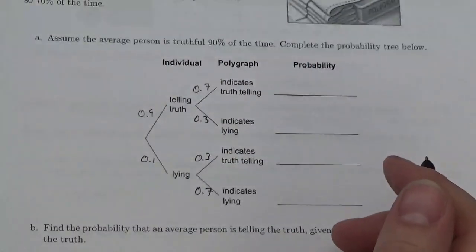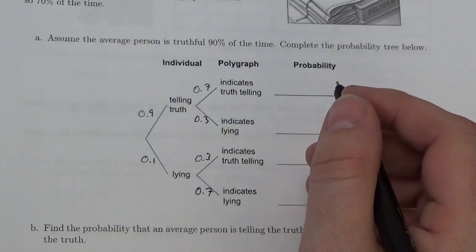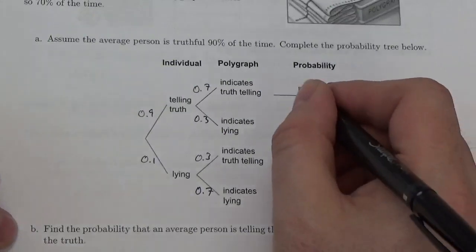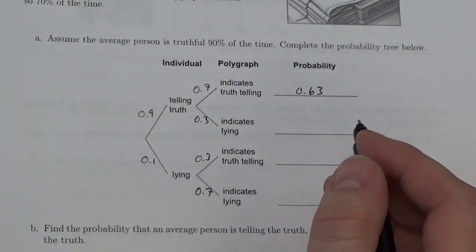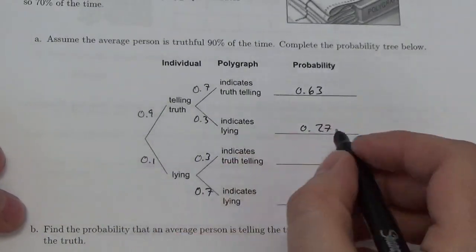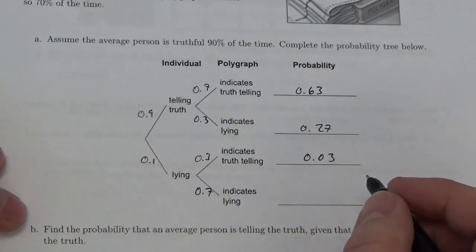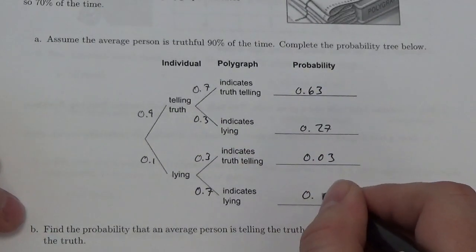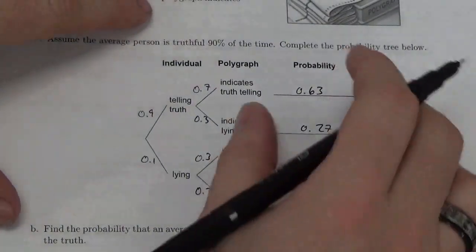Now we figure out the probabilities. 0.9 times 0.7 is 0.63. 0.9 times 0.3 is 0.27. 0.1 times 0.3 is 0.03. 0.1 times 0.7 is 0.07. So here are the probabilities.